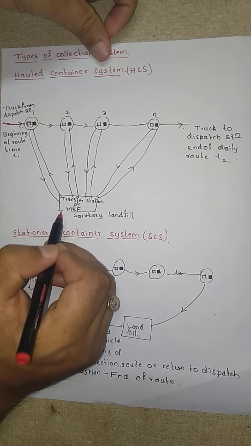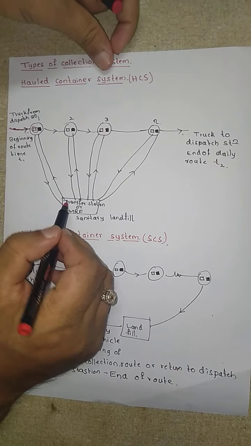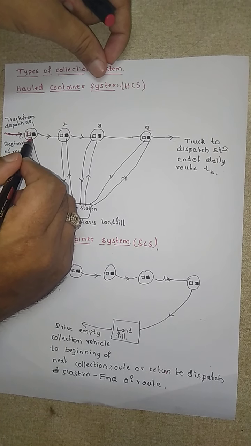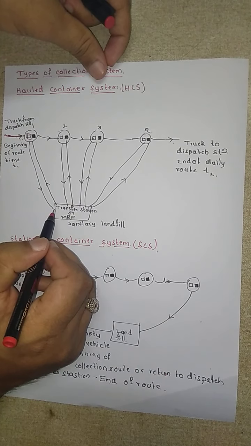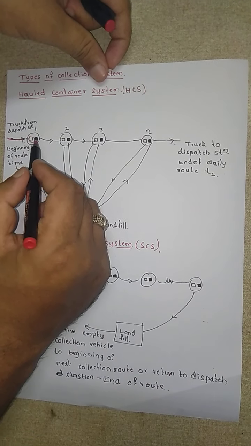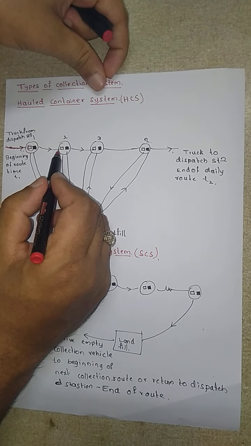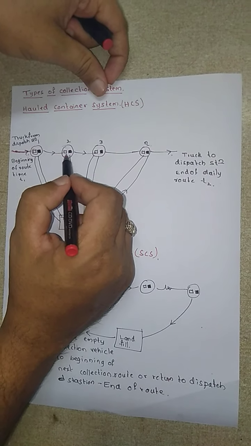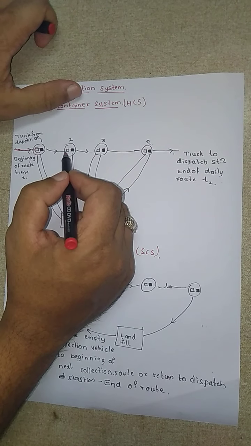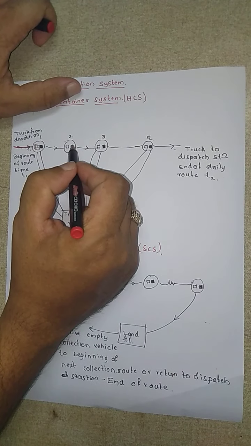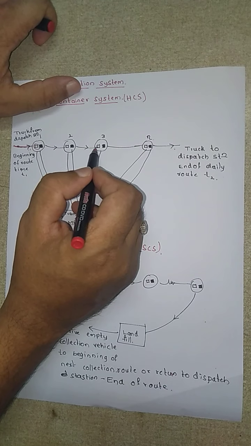It dumps all the waste here, and then it returns to the same place and places the container it brought back over there, and then it goes to the next place. Again it takes the solid waste, dumps the waste over here, and then moves on to the next place.